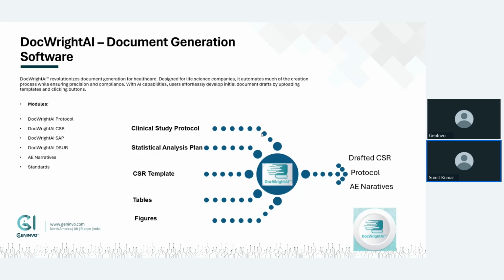And with DocWrite AI, you can also create protocols. The team has developed a generative AI algorithm, where they have used almost 400 or 500 protocols to develop the protocols.